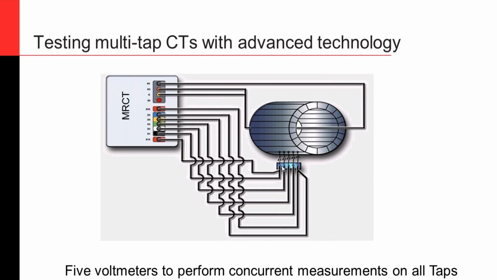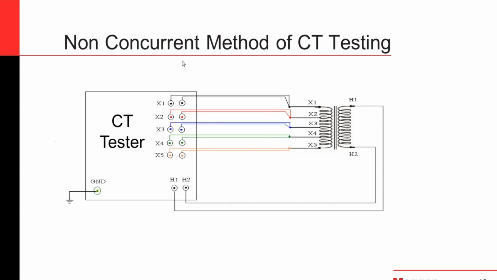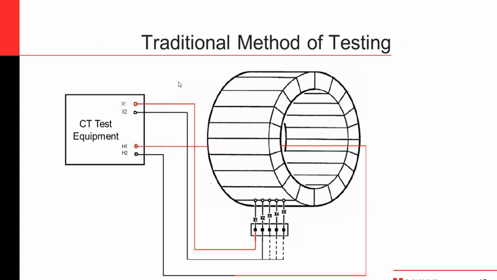Normally, or in the older methods, you apply voltage and you measure the current across each and every single terminal. Since we have 5 voltmeters present in each and every single tap on the CT test set, it is easy to calculate what would be the current and also what would be the voltage drop across each and every single tap.